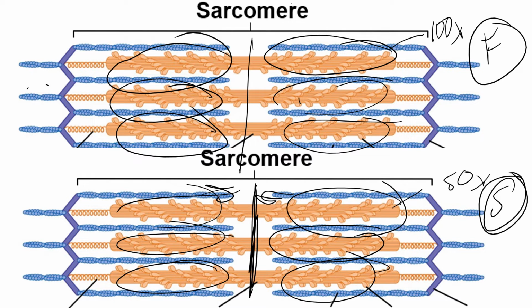And we know that it comes down to the cycling frequencies of the myosin heads that exist within a particular fiber. Okay, the higher the cycling frequency of a myosin head that exists within a fiber, the faster that muscle fiber is going to be able to shorten. And the lower the cycling frequency of the myosin heads that exist within a fiber, the slower that muscle fiber is going to be able to shorten. And it all, of course, deals with the speed of shortening with regard to the sarcomeres that exist within those fibers.